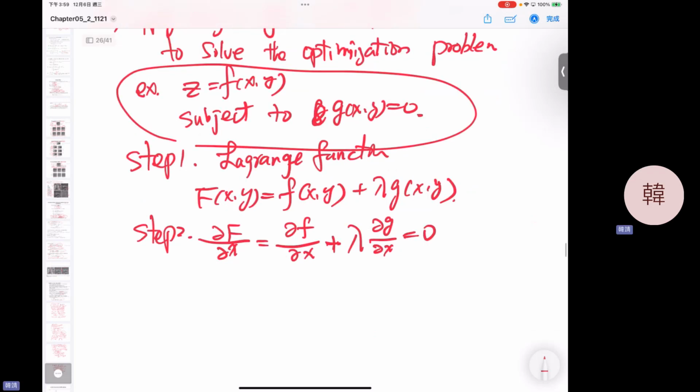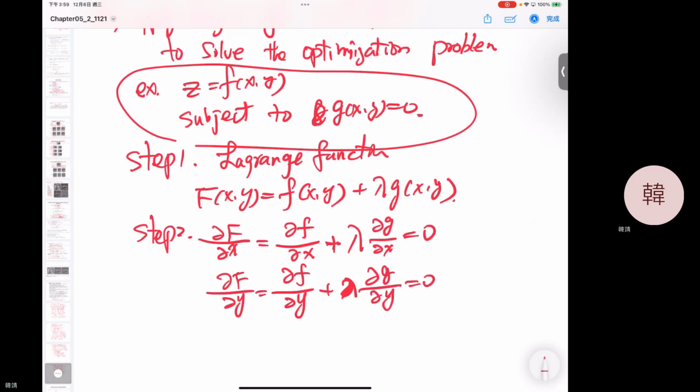And the second, the partial derivative with respect to y, equal to 0. Please find this Lagrange multiplier and find x0, y0.